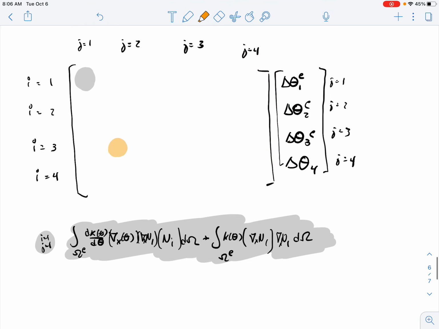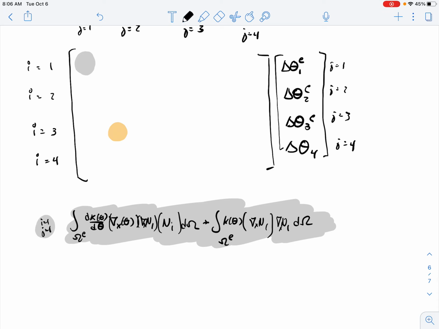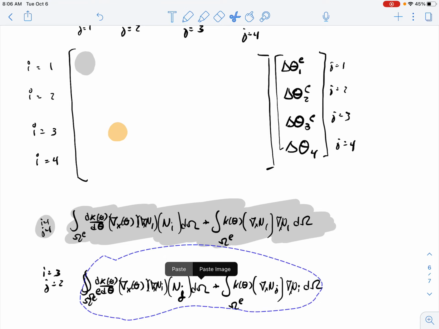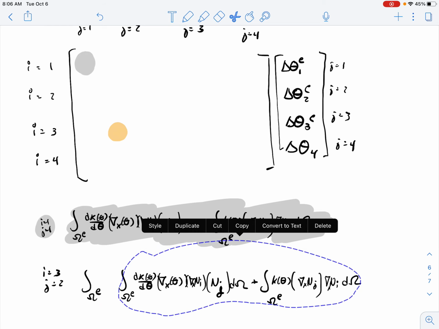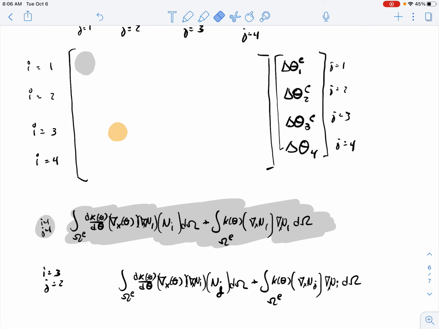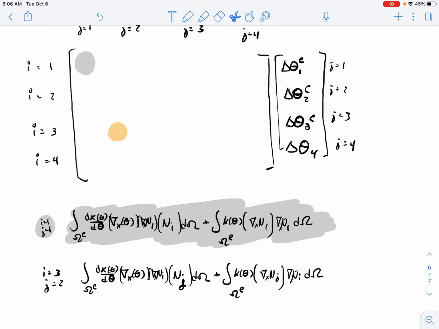Let's do 3, this one. So 3, 2. So i equals 3, j equals 2. That one would be the same thing that I had before. So I don't need this one, and just replace i's with 3's and j's with 2's.